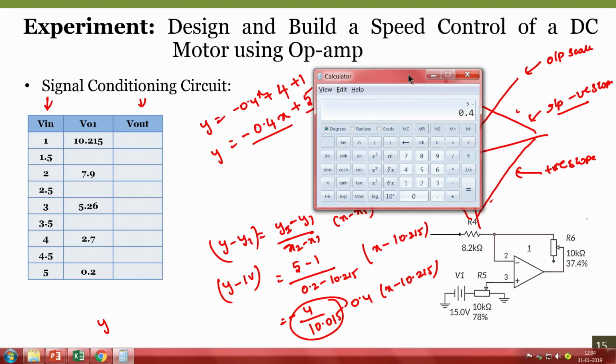For 0.2: 0.4 into 0.2 is 0.08, minus that plus 5 gives 4.92, approximately 5 volts. Let us see for 4 volts too: 0.4 into 2.7 is 1.08, minus that plus 5 gives 3.92, which is 4.